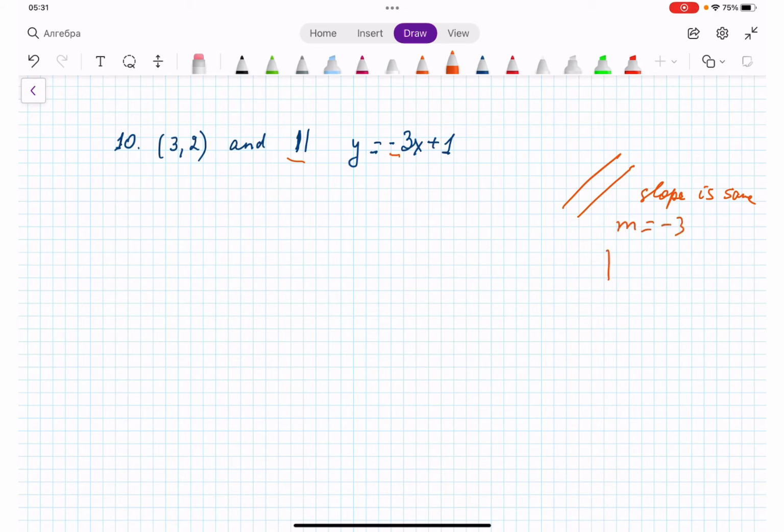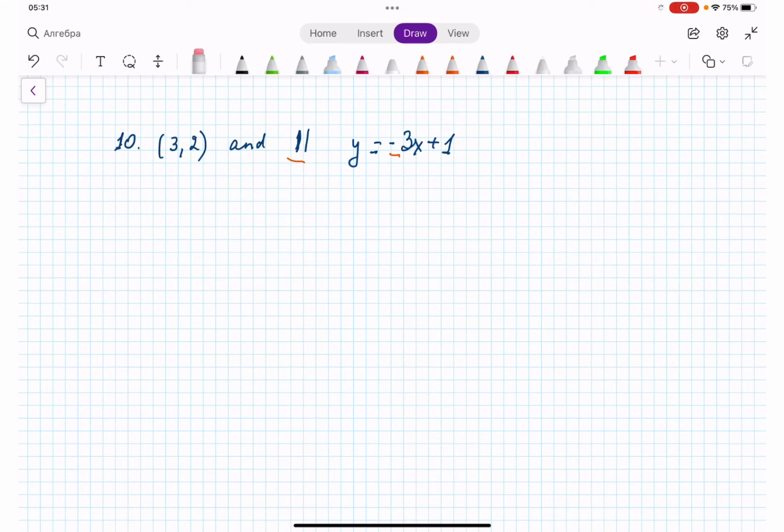When we have perpendicular, then we take the reciprocal with the opposite sign. So if it would be negative 3 here, then for perpendicular, m would be 1/3. So we flip and change the sign also. That would be for a perpendicular line.